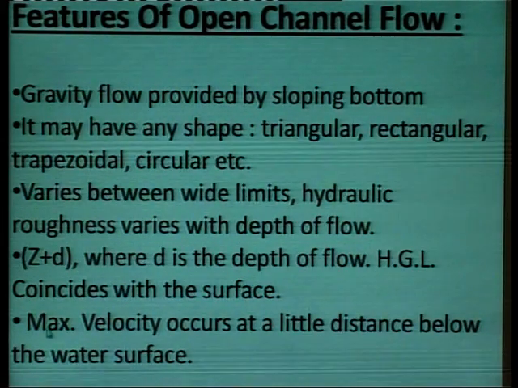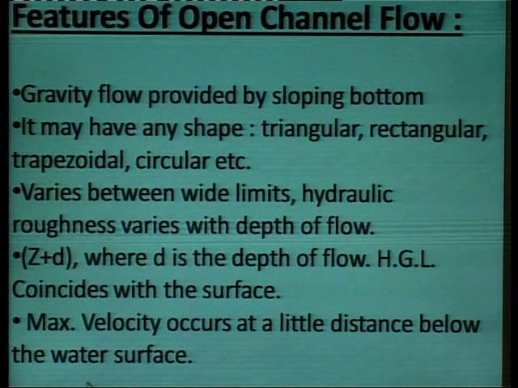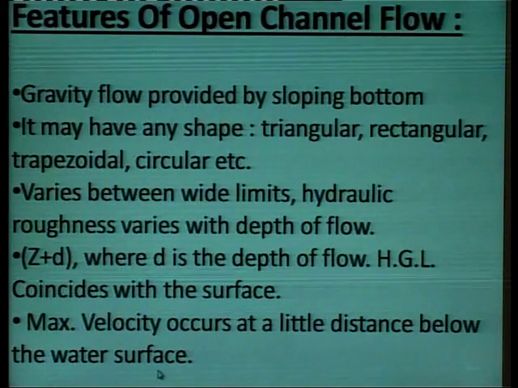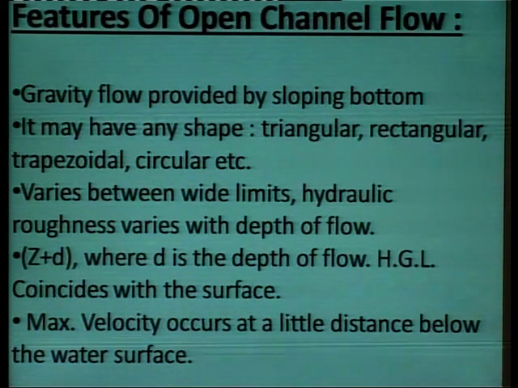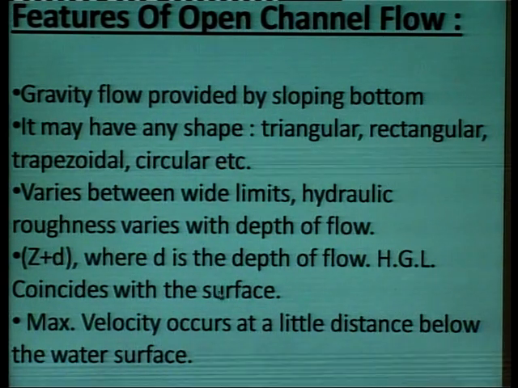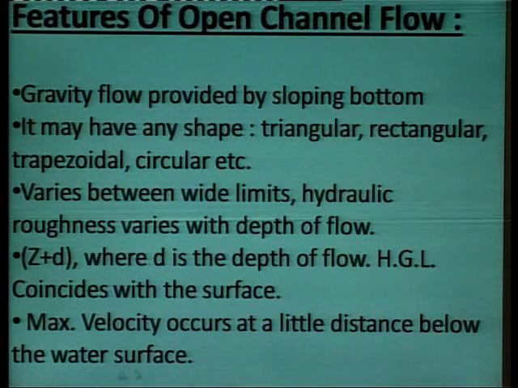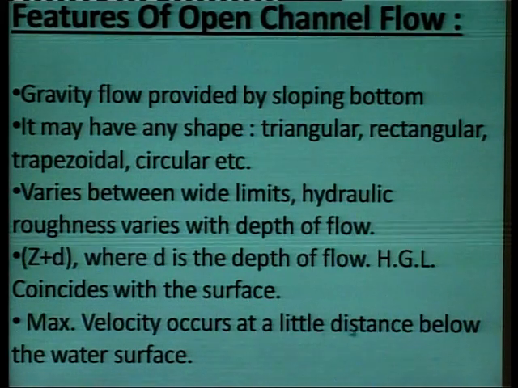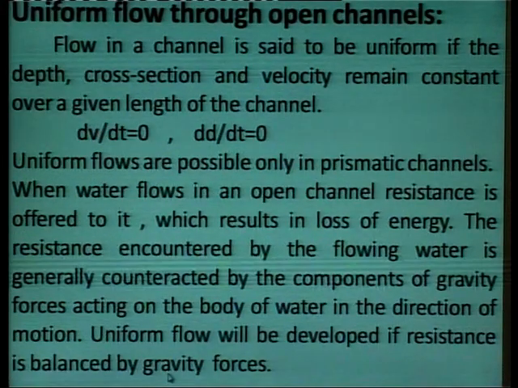And the last one is that maximum velocity occurs at a little distance below the surface of the water. In this case, we find that the maximum velocity occurs near the top of the surface of the flow, at a very little distance from the top surface of the water.